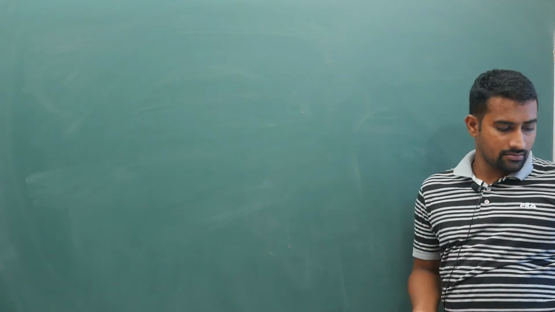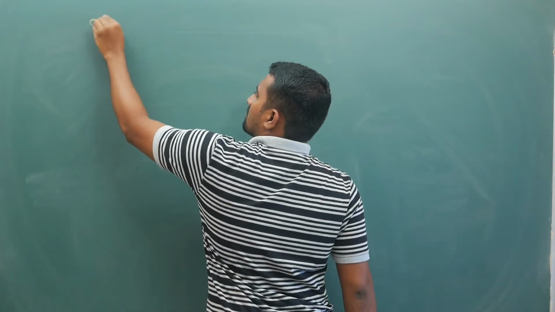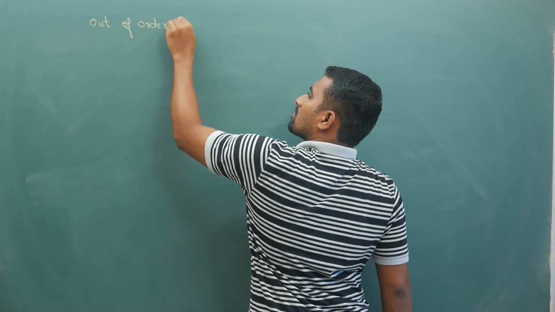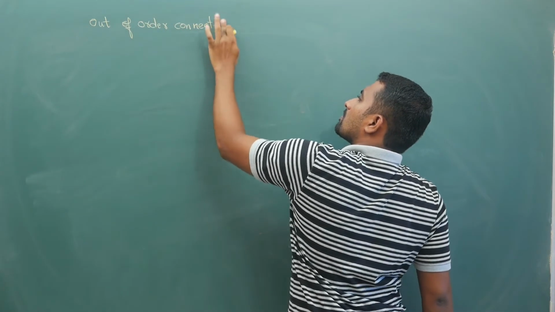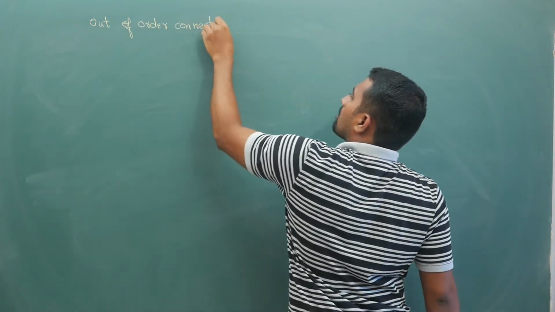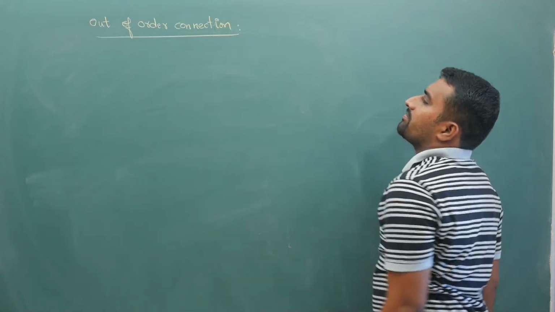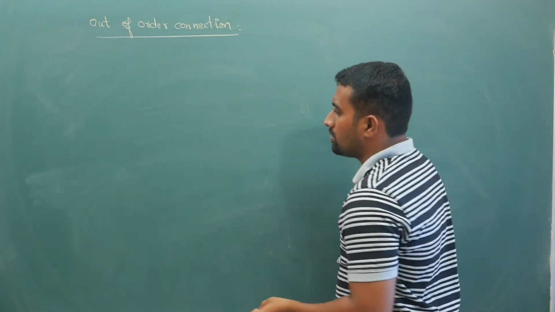Next is out of order connection for cells. What is this out of order connection? I will tell you.